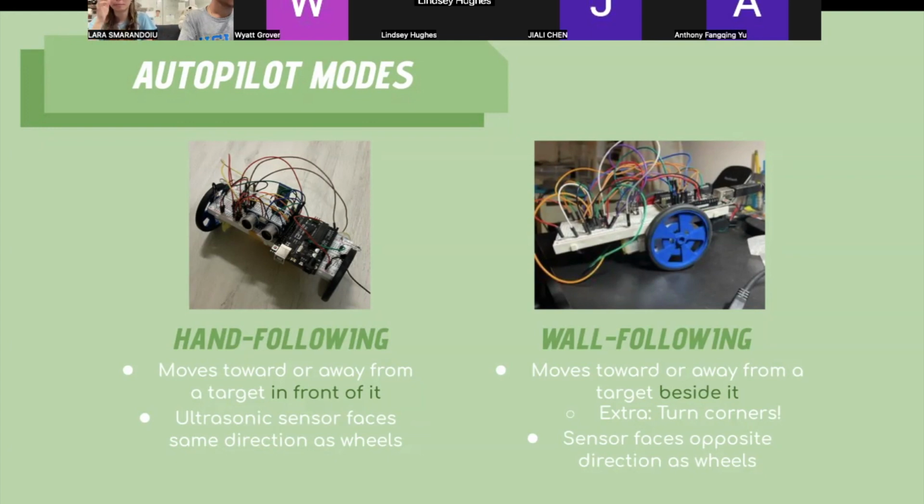With this situation, instead of facing forward, the sensor will face the sides of the car. I think in this picture the sensor is behind here and facing the other side, but it won't be facing forward.